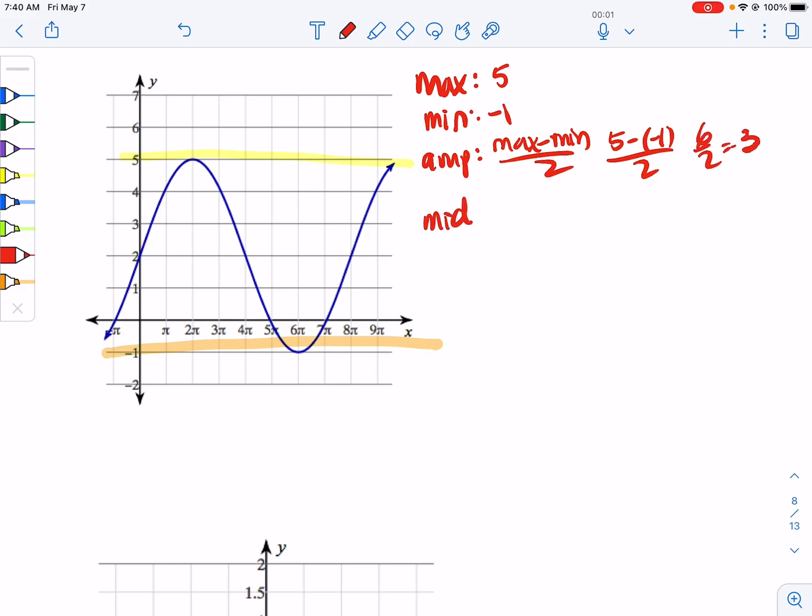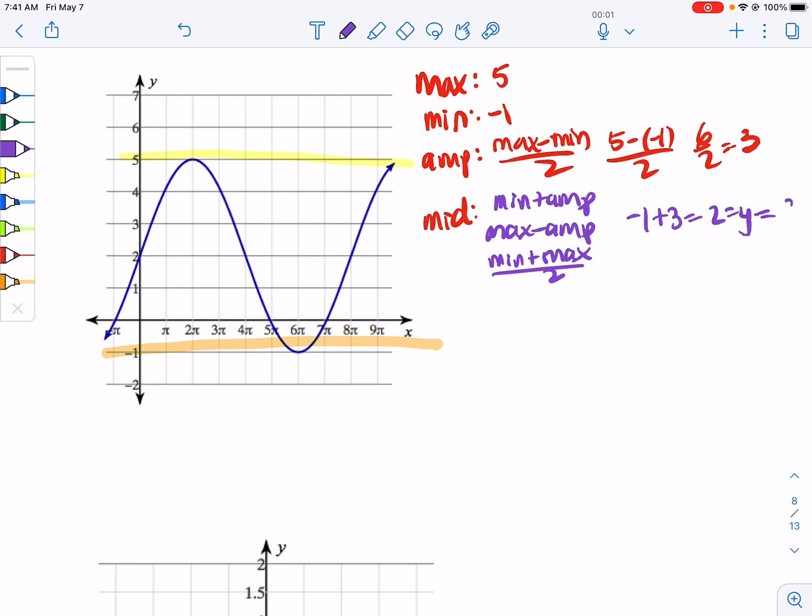The midline, there's a whole bunch of ways you can get the midline, and some of you will be able to just see the midline off of the graph. But for the midline, you can do the min plus the amplitude. You can do the max minus the amplitude, or you could do the min plus the max cut in half. Okay? So anyway, my personal preference is to do the minimum, which is -1, plus the amplitude, which is 3, which gets us to 2, which is our D value.